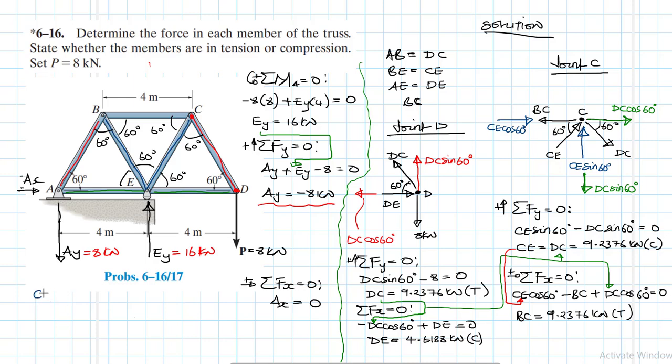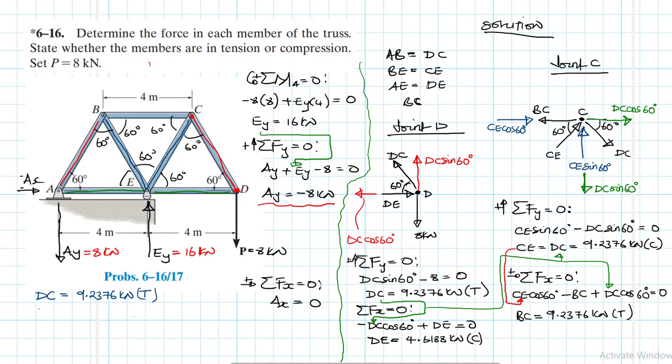So we have CD. We said CD is equal to, we have DC, no big deal how we call it. So we have DC, and we found DC to be equal to 9.2376 kilonewtons, and this is in tension.